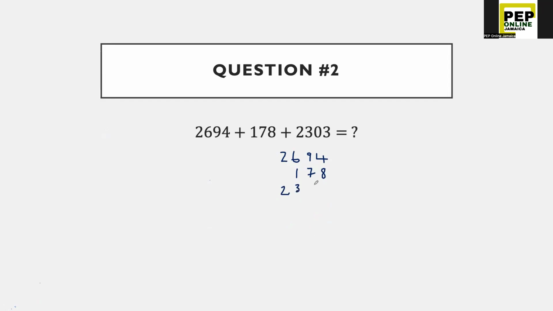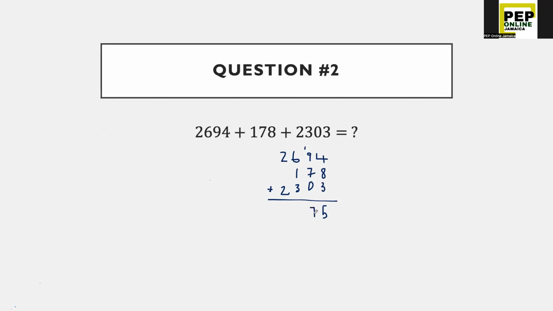2, 3, 0, 3. And then we go ahead and we add. So let's go. 3 and 8 is 11, and 4 gives us 15. So 5, carry 1. All right, 0 and 7 is still 7. 7 and 9 is 16, and 1, 17.